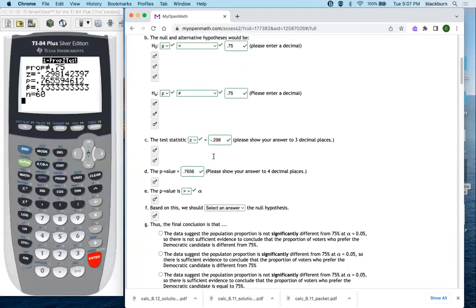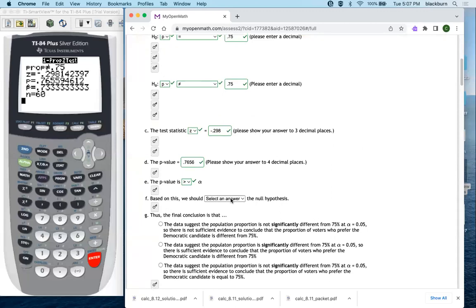Very good. All right, based on this, p is greater than alpha. It's always fail to reject. Fail to reject. Okay, so the data suggests the population proportion is not significantly different from 75% at 0.05. So there is not sufficient evidence to conclude that the proportion of voters who prefer the Democratic candidate is different from 0.75. All right, let's read the last one because we don't have significant.